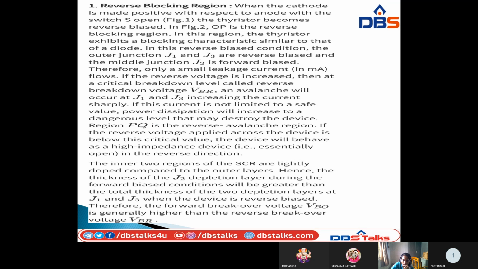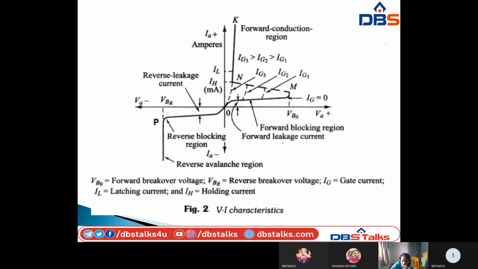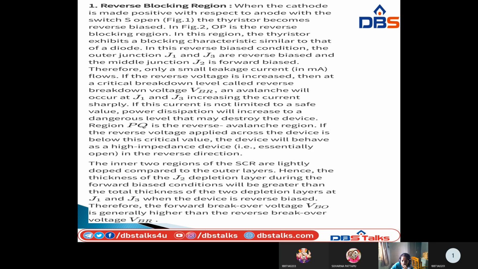The thyristor has three junctions, as already discussed. J1 and J3 are reverse biased and the middle junction J2 is forward biased. There is only a small leakage current, in milliamps, that flows. When the reverse voltage is increased to a critical breakdown level, it is called the reverse breakdown voltage VBR.